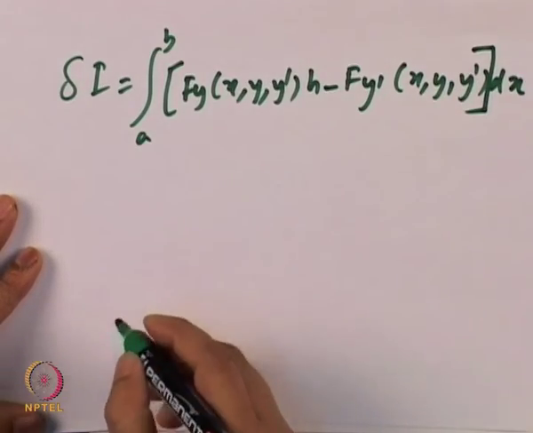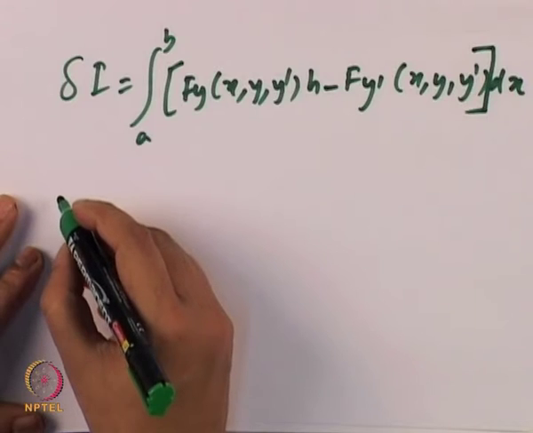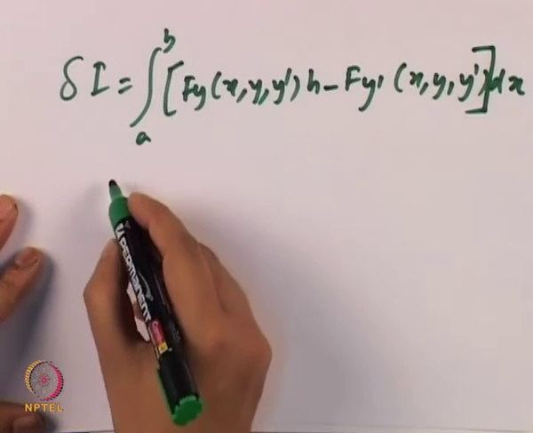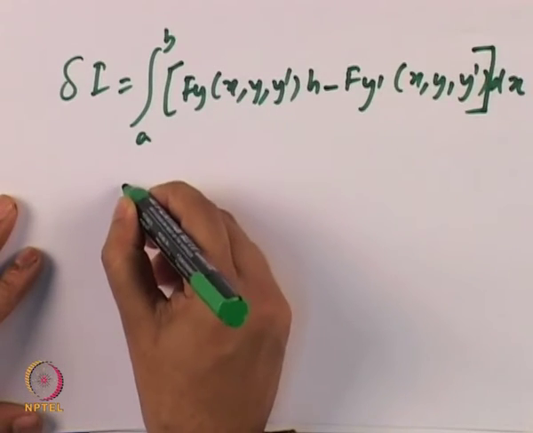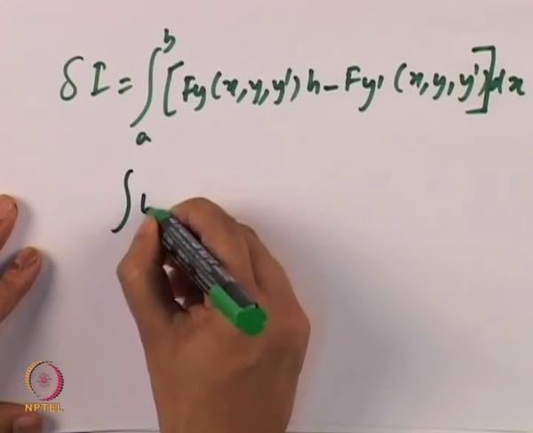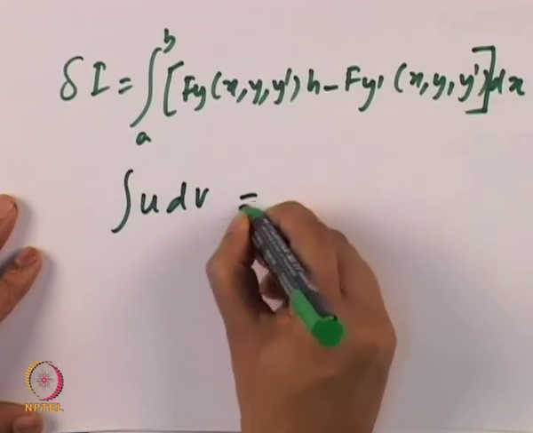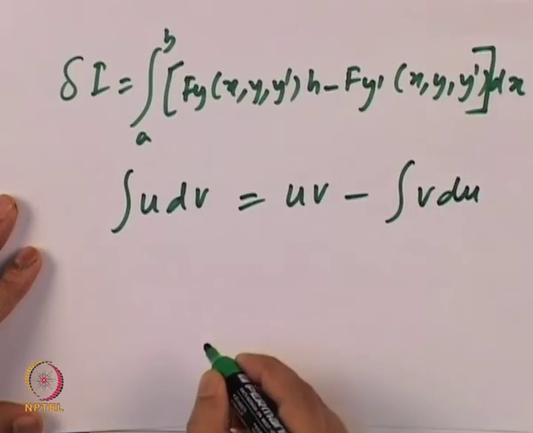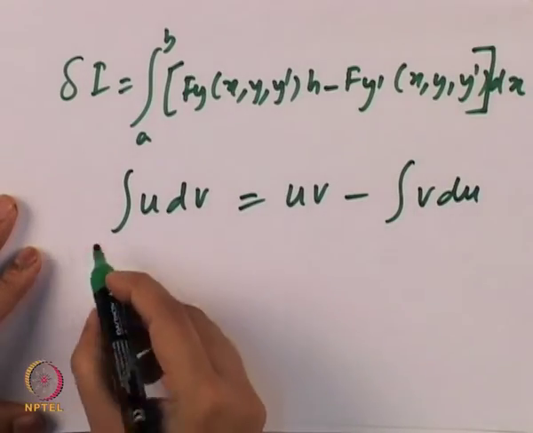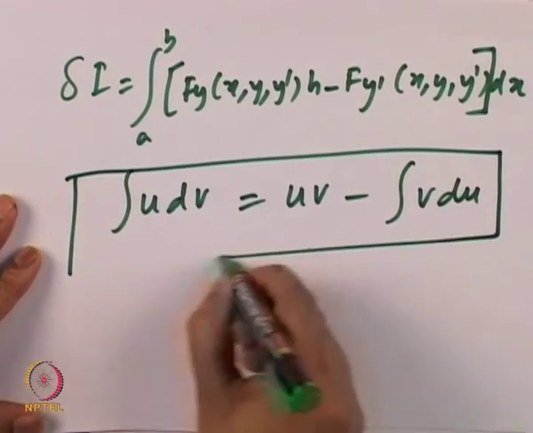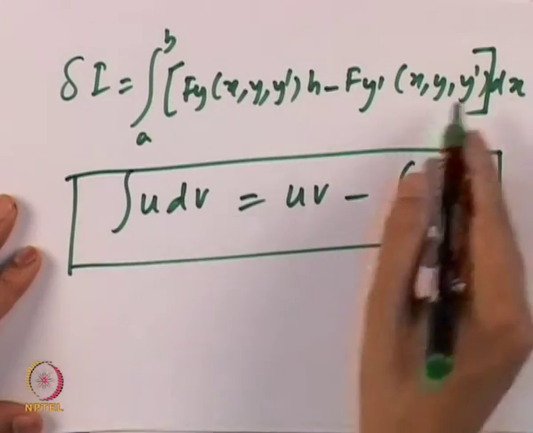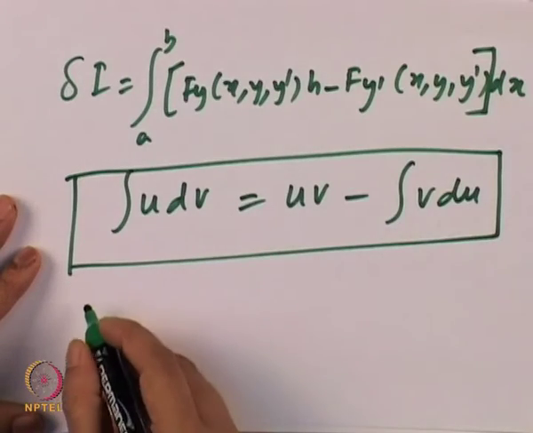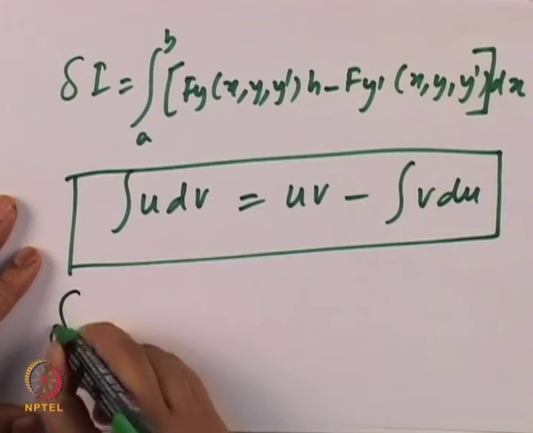So we are going to apply integration by parts and change this equation. Integration by parts means you have integral u dv is equal to uv minus integral v du. We want to make sure that using this rule we transform this into a simplified equation.